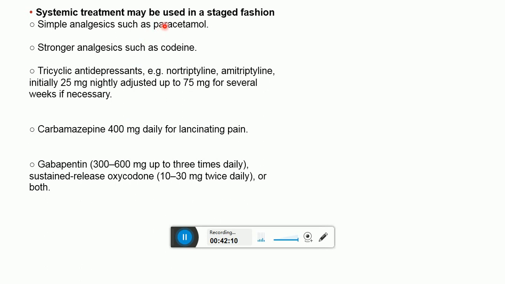Systemic treatment may be used in a staged manner, starting from simple analgesics such as paracetamol, then stronger analgesics such as codeine, then TCAs such as nortriptyline or amitriptyline, 25 mg nightly up to 75 mg over several weeks, carbamazepine 400 mg daily for lancinating pain, gabapentin 300-600 mg up to 3 times daily, sustained release oxycodone 10 to 30 mg twice daily, or both.